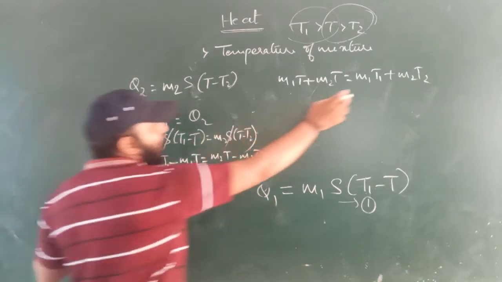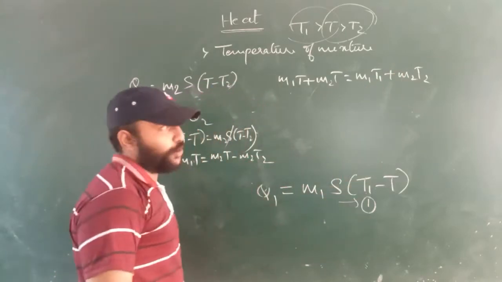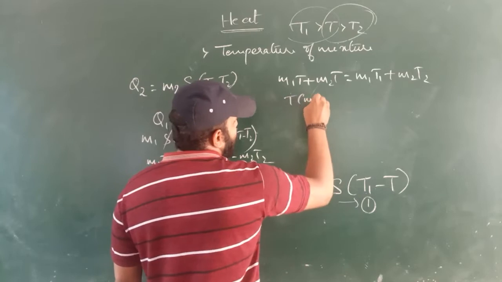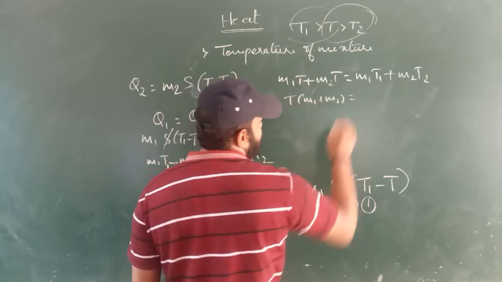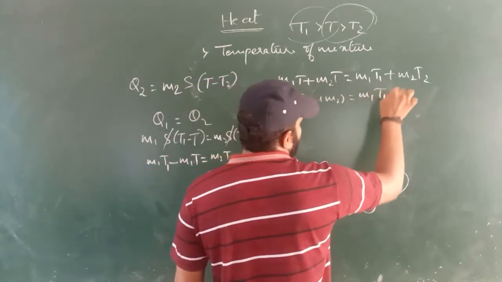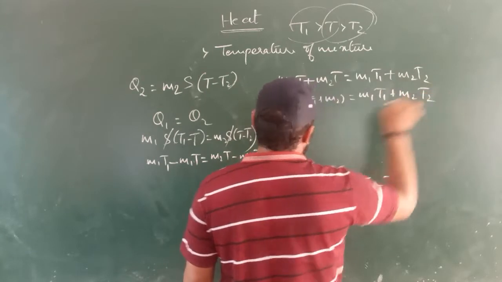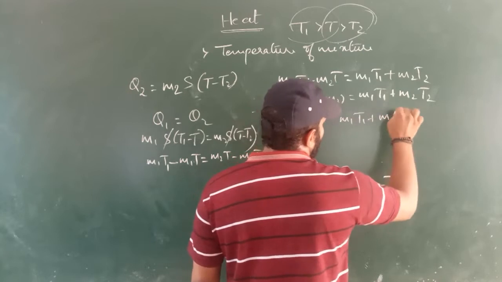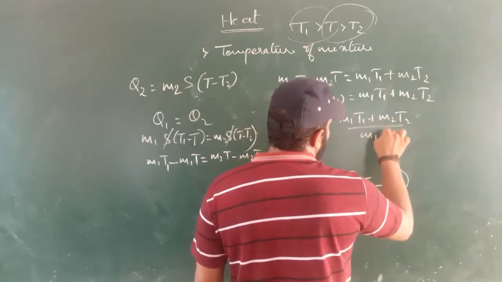Now I will take T common. T into (M1 plus M2) is equal to M1T1 plus M2T2. Therefore, T is equal to (M1T1 plus M2T2) by (M1 plus M2).